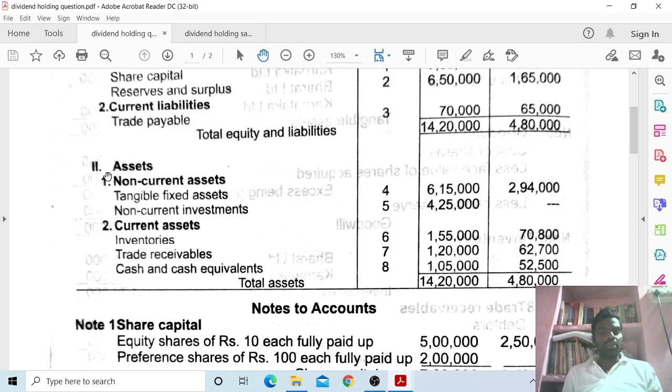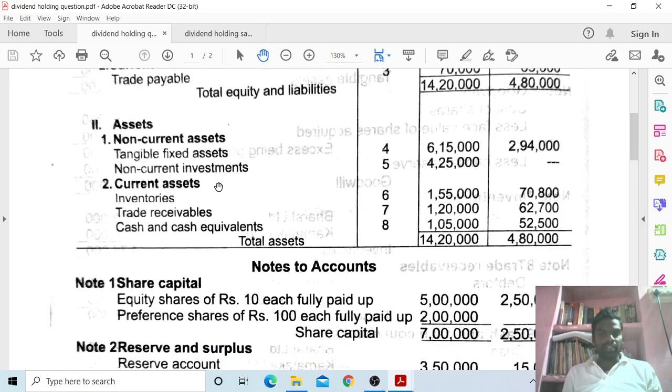Next, Roman number second, assets. Under non-current assets, tangible fixed assets, note number 4: 6,15,000 Major company and 2,94,000 Minor company.